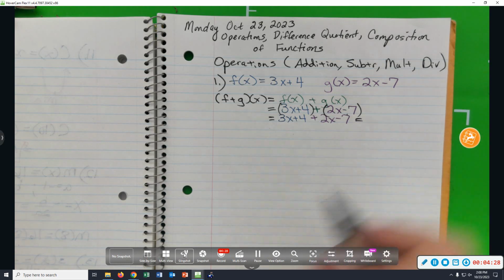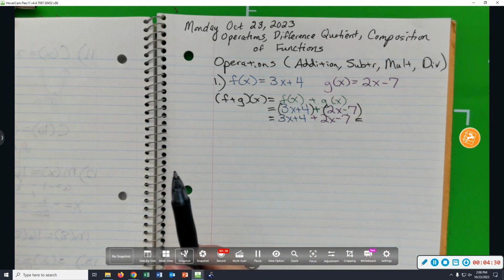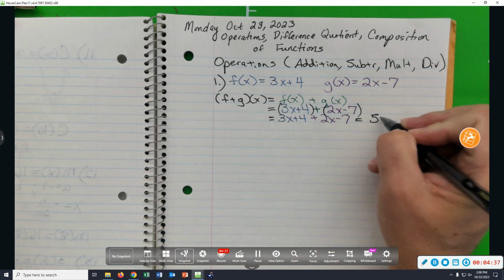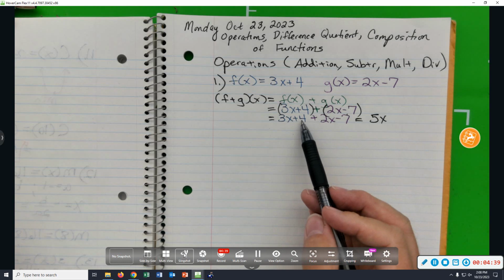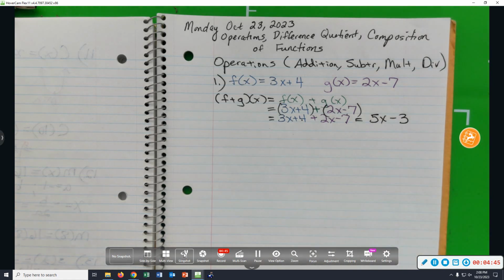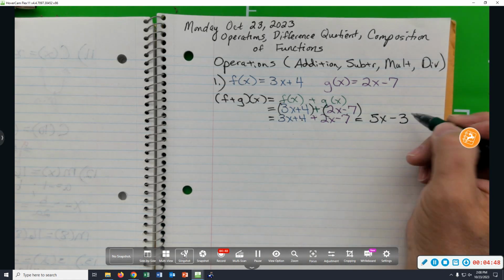Addition of functions is just algebraic addition. Looks to me like we're combining like terms. 3x plus 2x, that's a 5x. Now combine the things without an x. 4 minus 7 gives me a minus 3. It's really just a matter of notation.